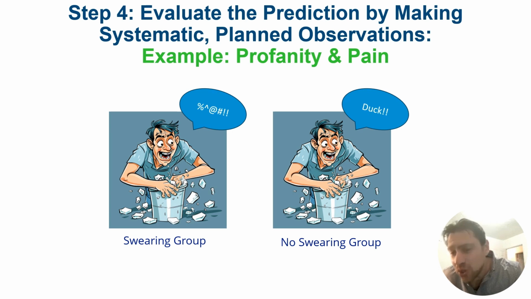Well, one approach that's been used in these kinds of studies, looking at the perception of pain, pain tolerance, etc., is using ice water. So you have people submerge their hands into a bucket of ice water, and you can measure how long they can tolerate the pain before removing their hands.